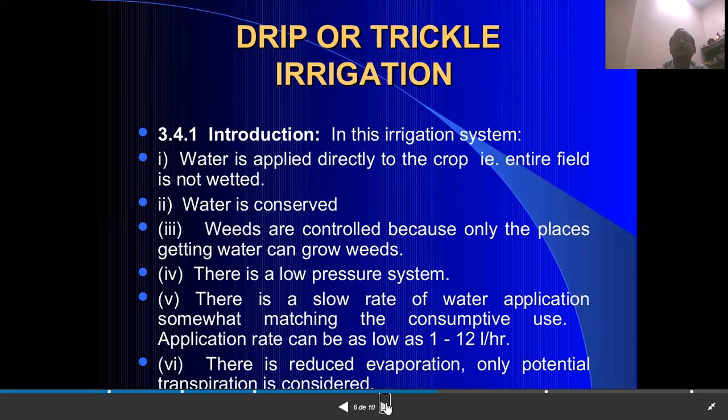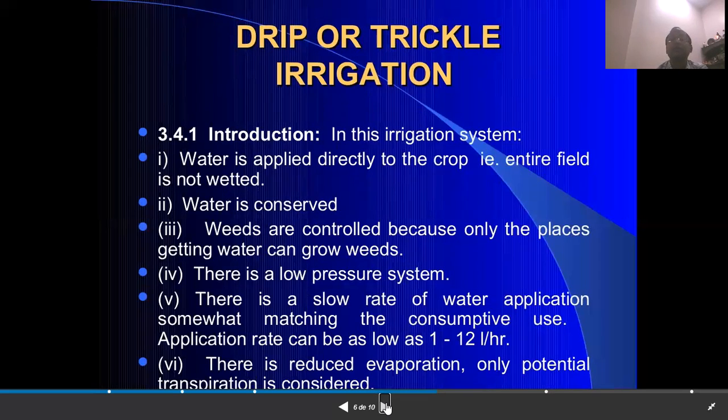Drip or trickle irrigation. Drip irrigation is an important irrigation method which provides water at the root of the plant. The efficiency of this type of irrigation is 90%, whereas the other methods have very low efficiency.